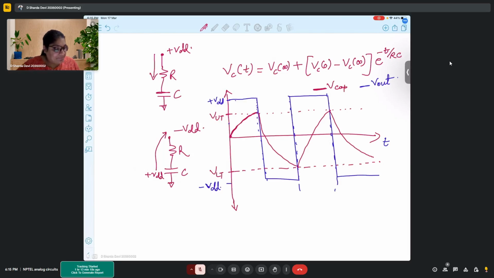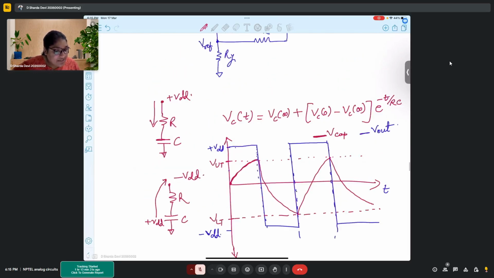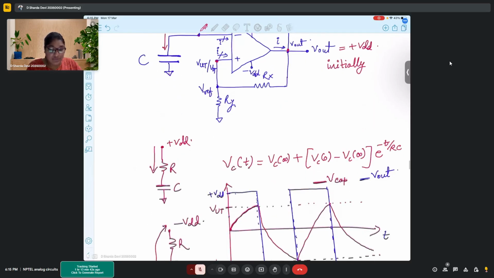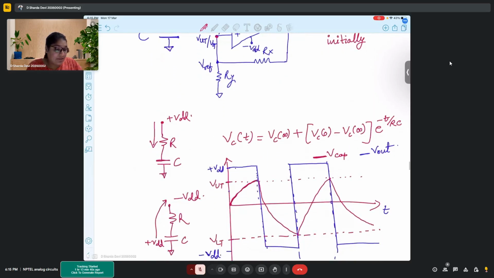If we see this particular circuit, first of all, this has already become an oscillator. Why is this an oscillator? Because we are not giving any external input to it. It has become self-sufficient on its own. Because of that capacitor, it is charging and discharging and taking inputs from there. It gives us the output of a square wave. In layman's terms, we are sort of getting a triangular wave.